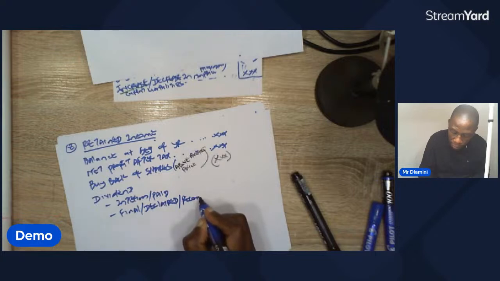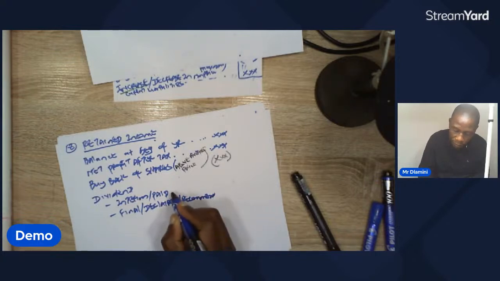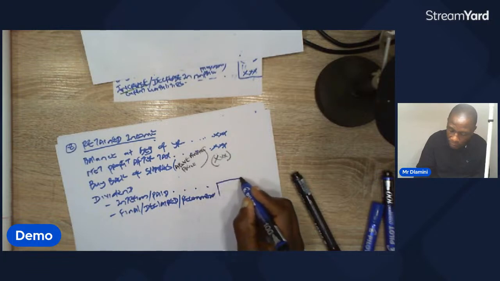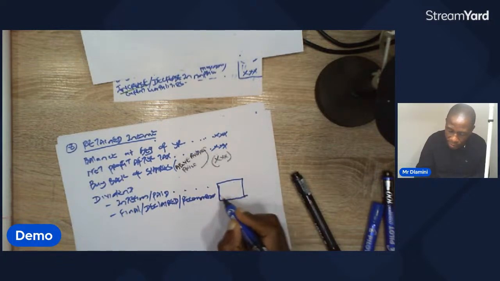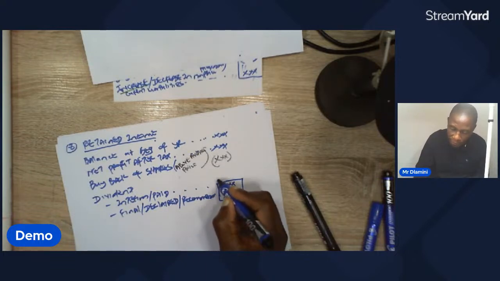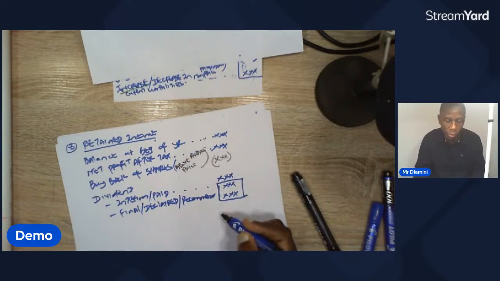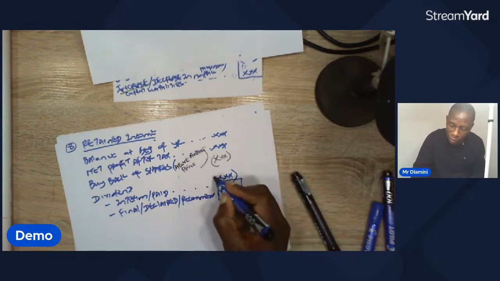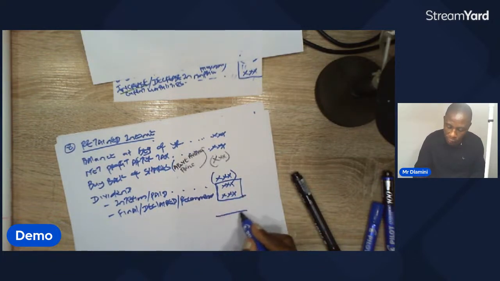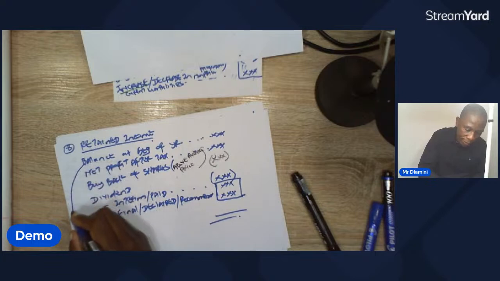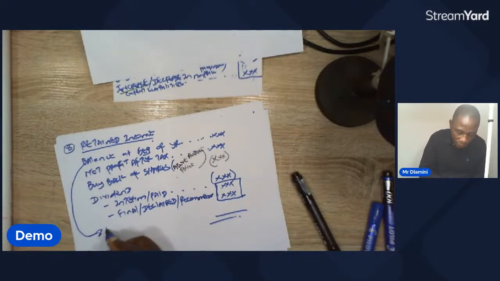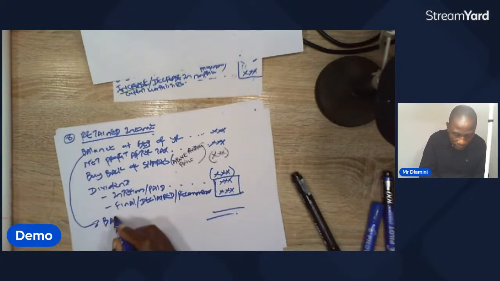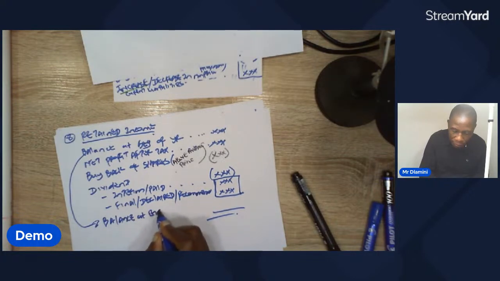You can use all the terms. What you must do is write the figure here. I'll show you next time, when we do the real question, how to calculate all these figures, but now I'm just showing you the principle. Then you repeat this one at the end, so now we have balance at the end of year.